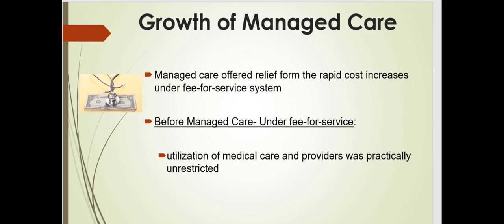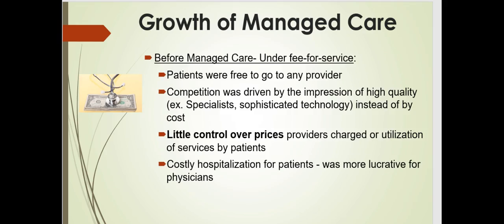So before managed care, under the fee-for-service system, we had uncontrolled utilization. Now let me go to the next slide before I get any deeper, talking about the flaws of the system. So first, before managed care, again, it was fee-for-service.